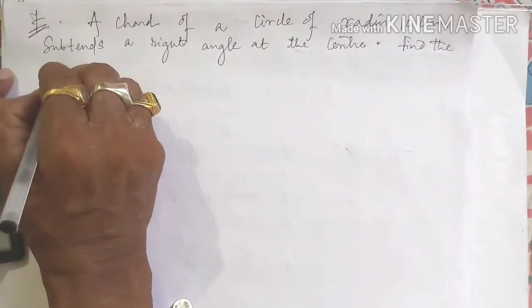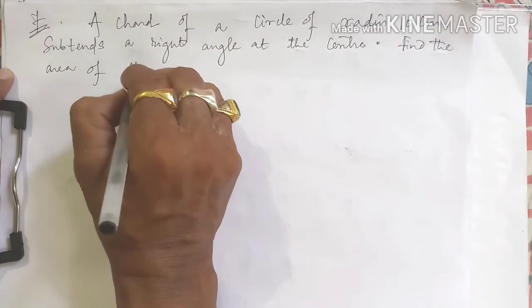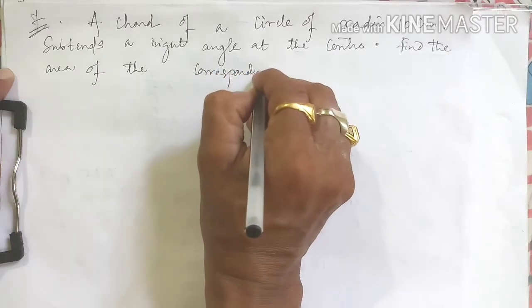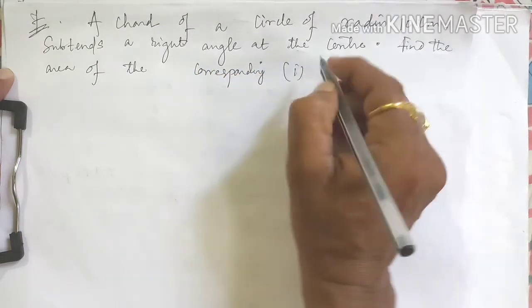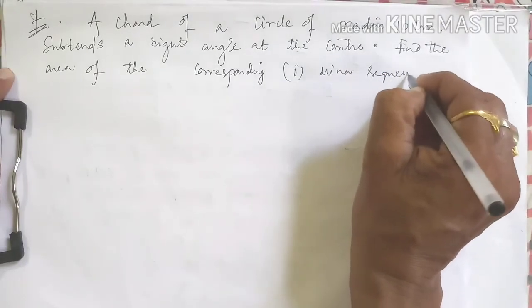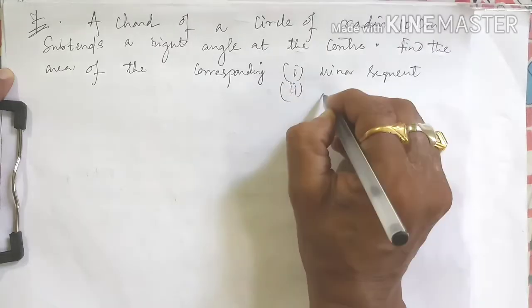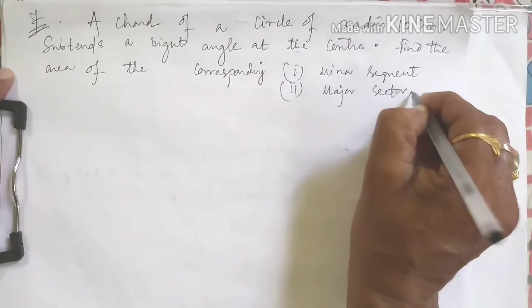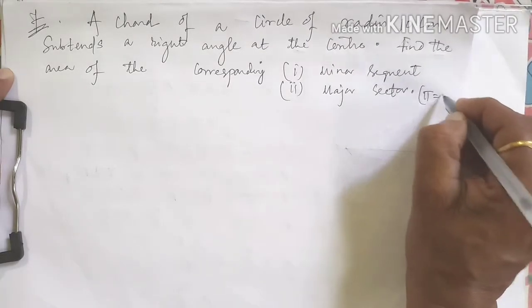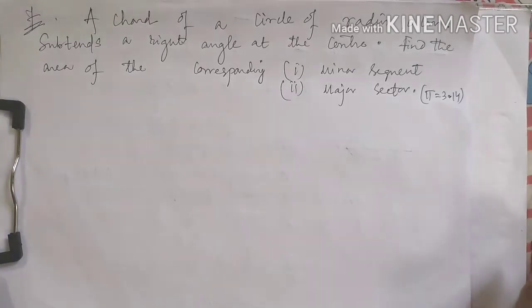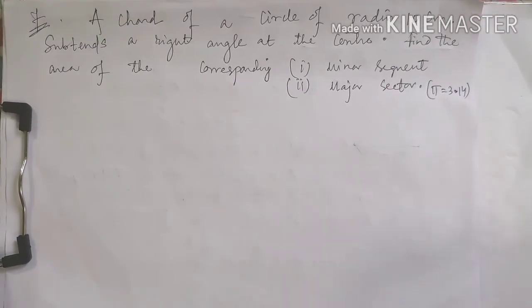Find the area of the corresponding minor segment and major sector. Pi equal to 3.14. Very interesting question here, students. Just see.